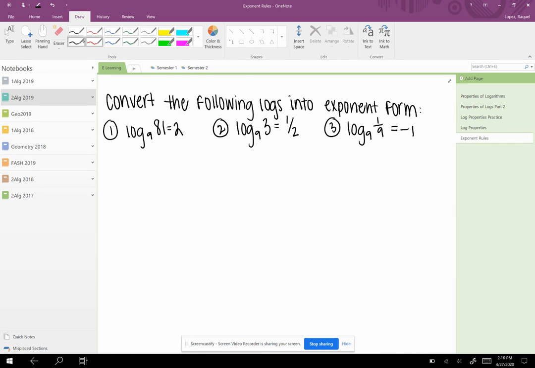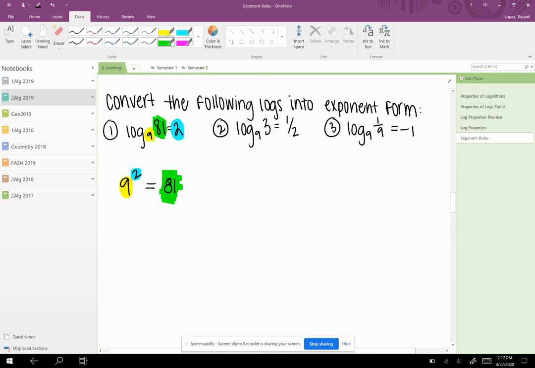So very similar process here. So your base here was 9, so that's going to be your base of your exponent. So that's 9. The exponent right here is going to be this number 2. Okay. And 9 squared gets us 81, and we get 81 from the input of your log.